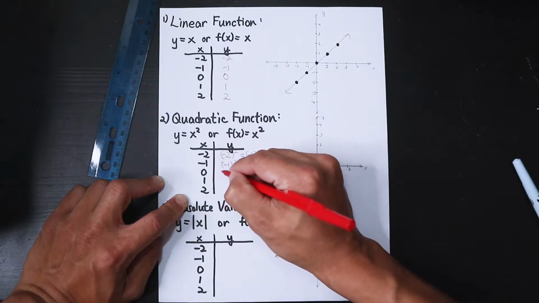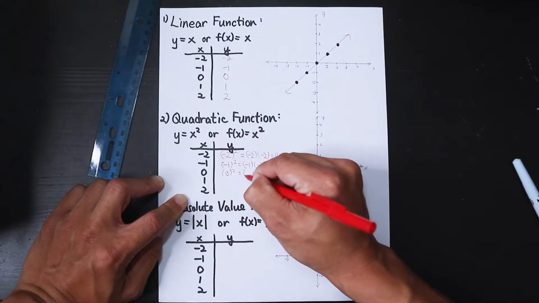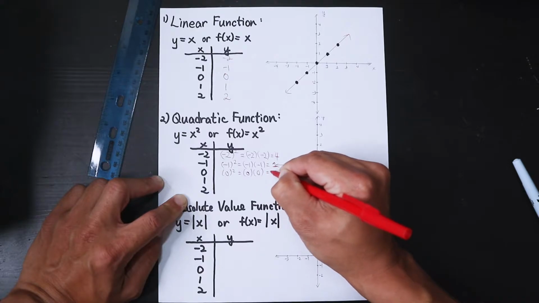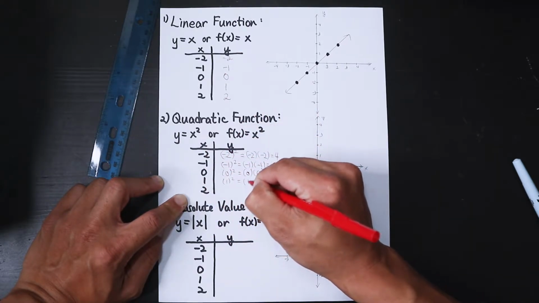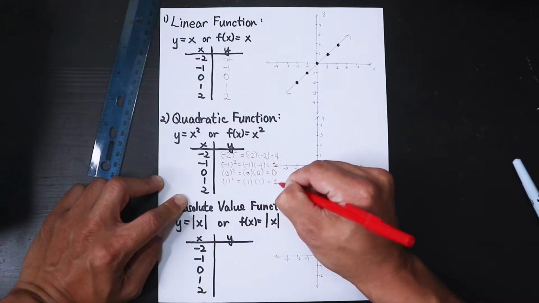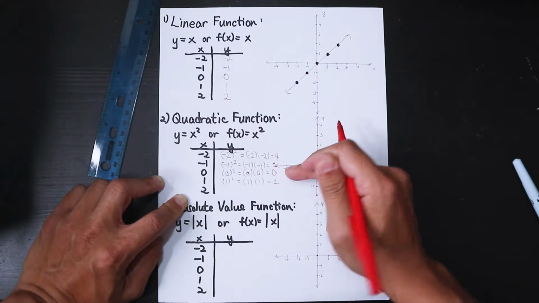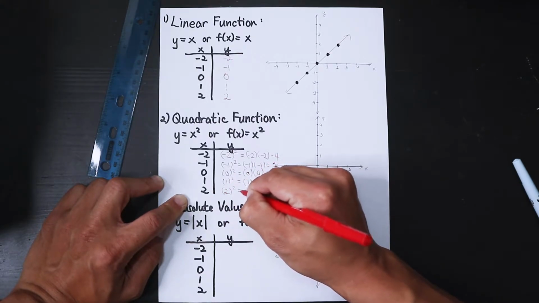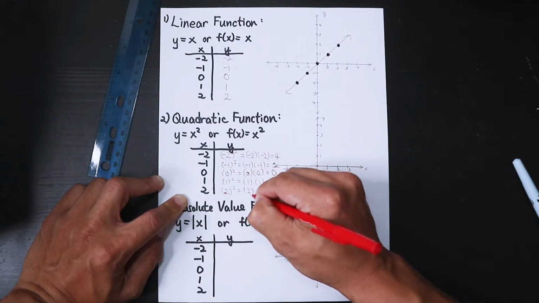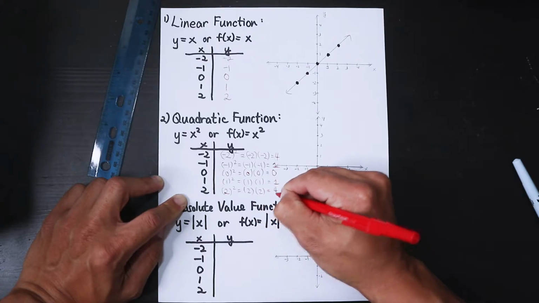And when x is 0, 0 squared, so 0 times 0, is 0. When x is 1, you do 1 squared, so 1 times 1 is 1. And it's okay that some of these y values are the same, that's totally fine. And at the end, when x is 2, you raise 2 to the second power, so that means 2 times 2, which is going to get you 4.